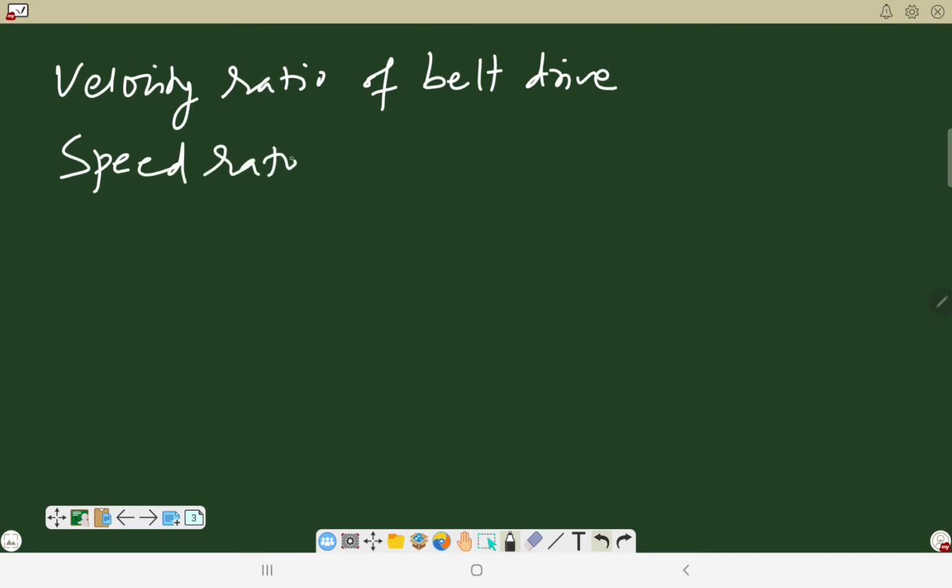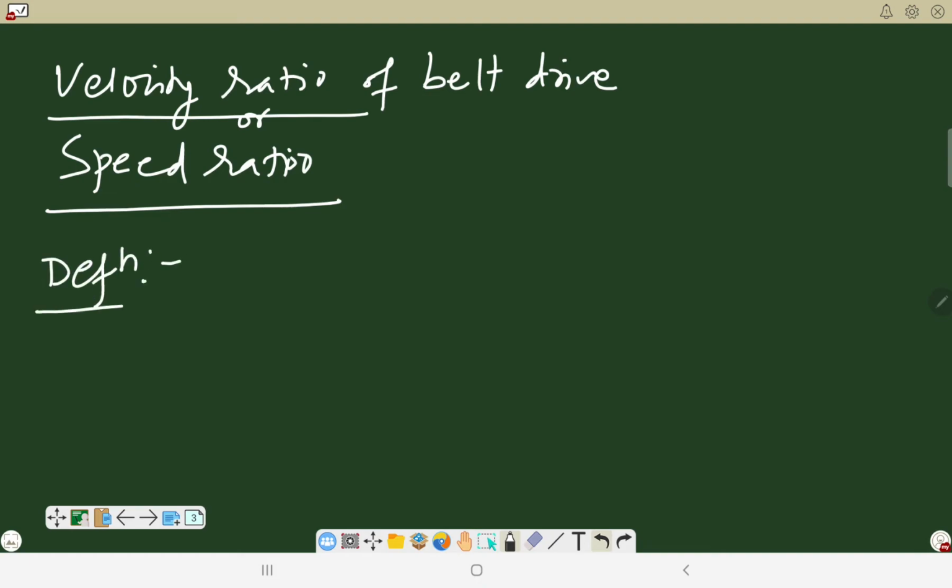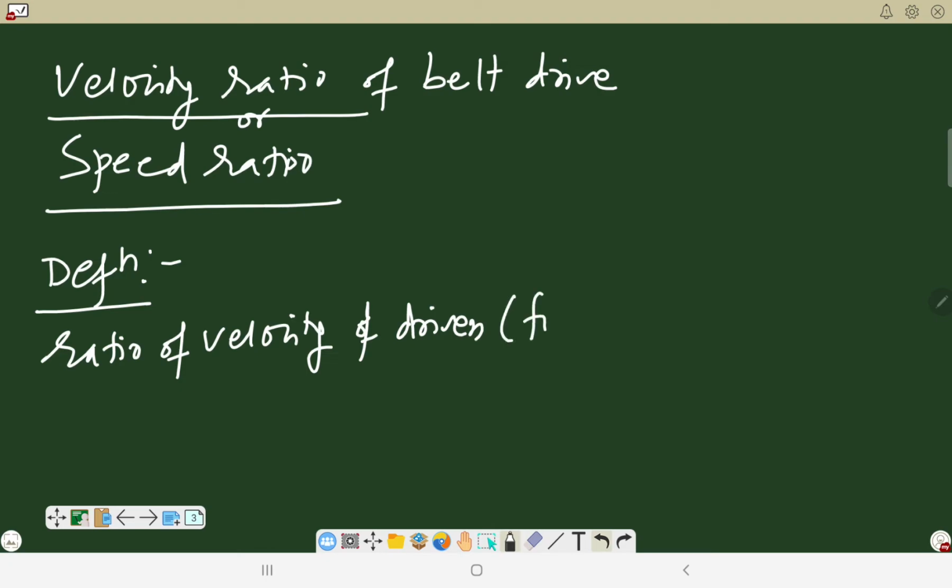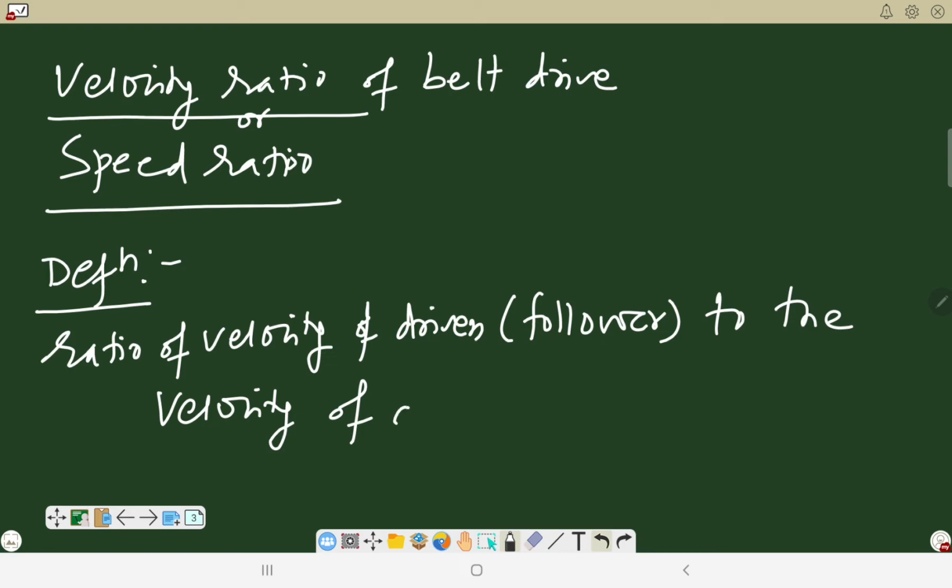It is defined as the ratio of velocity of driven, or follower, to the velocity of driver.